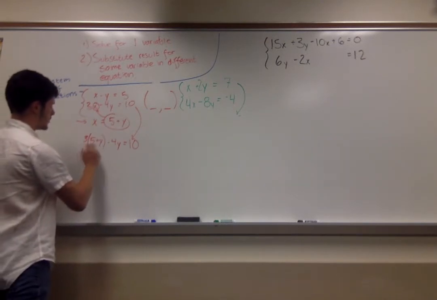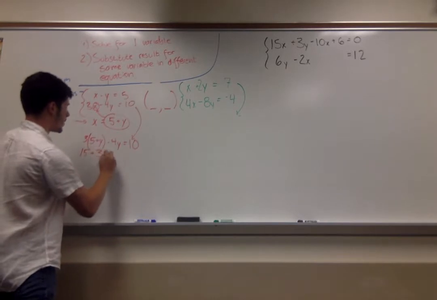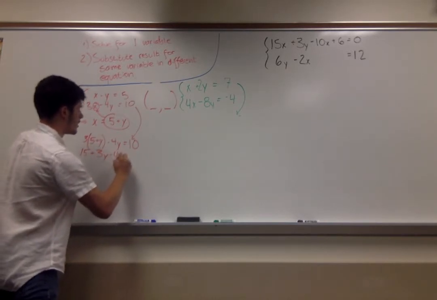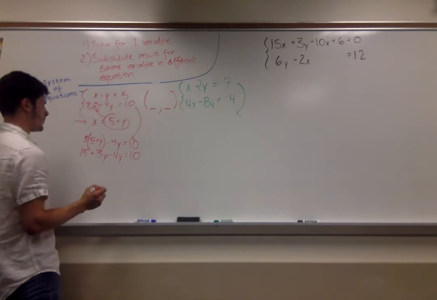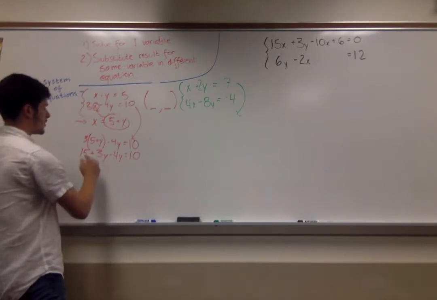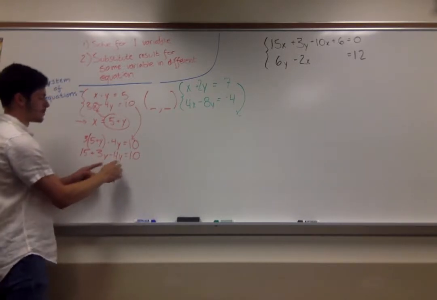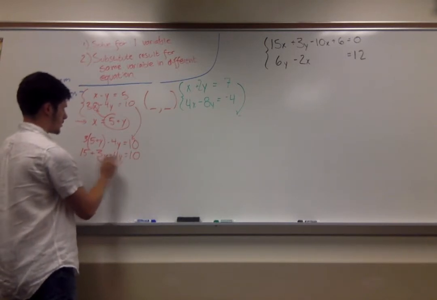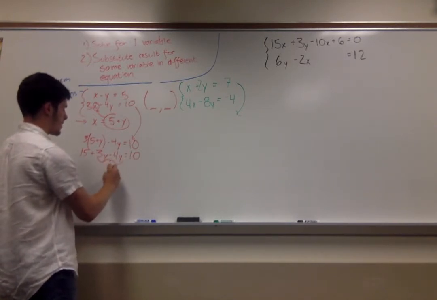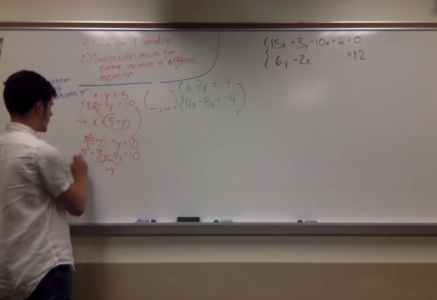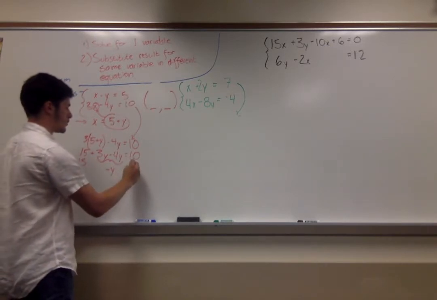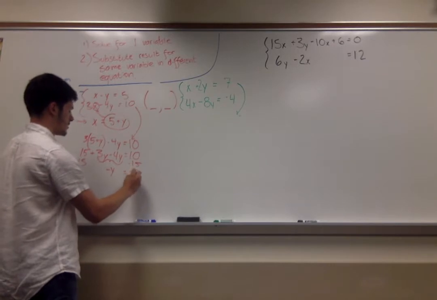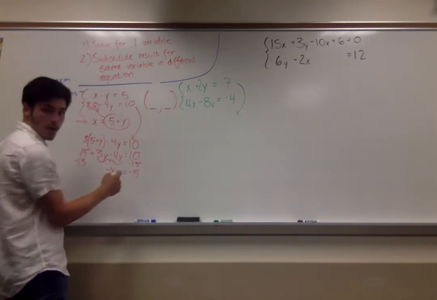So we're going to have 15 plus 3y minus 4y equals 10. And then if we subtract 15 from both sides and combine these, this goes to negative y, and 15 subtracted from both sides. We get negative 5 equals negative y.